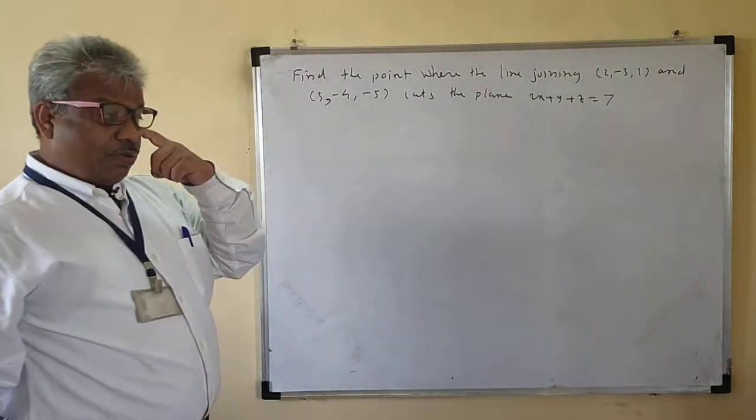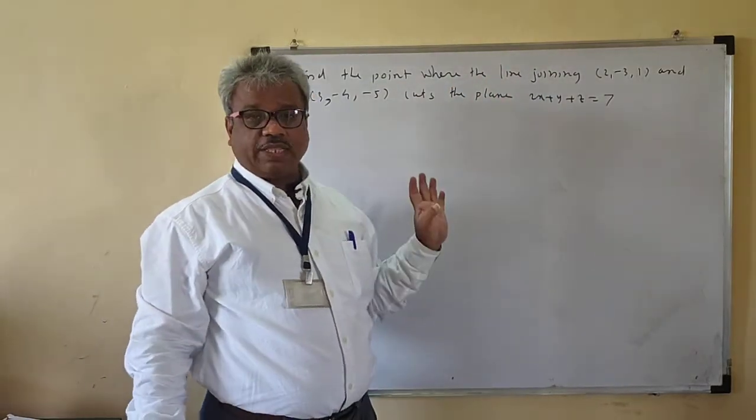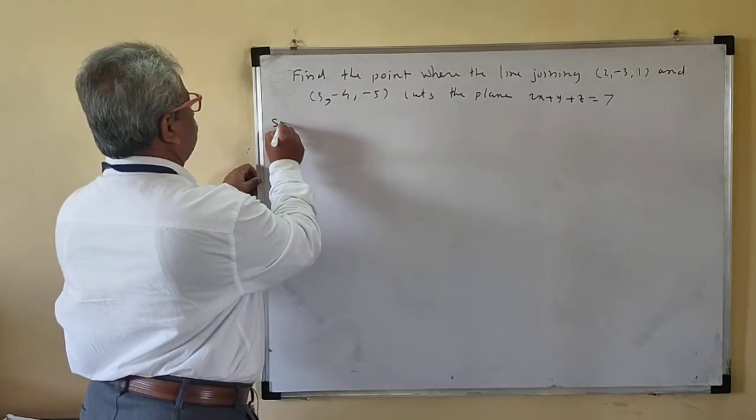So that means what here? You have to find the point of intersection of the line joining this point and the plane. This you want. Okay. Solution.